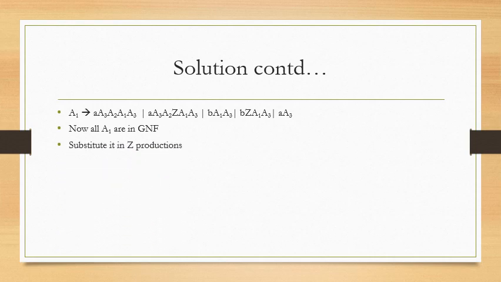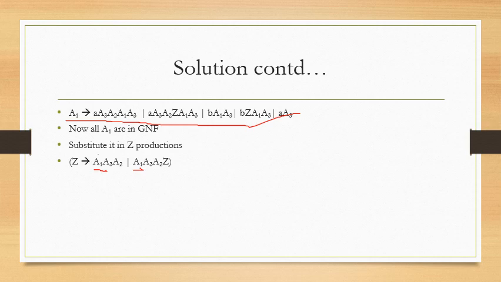Now you will substitute for Z. What is the starting variable? This A1. We already have A1 which is in GNF form. So this can now be substituted for the first term here, which will make all the Z productions be in GNF.